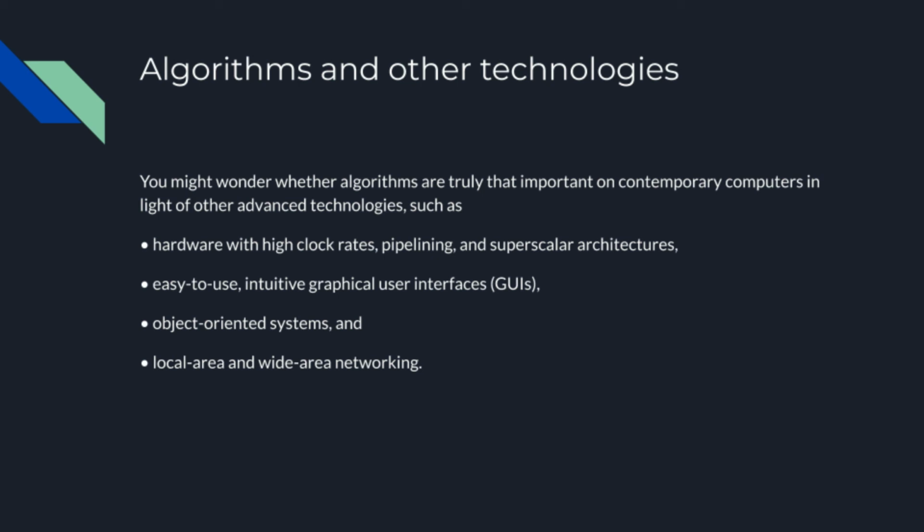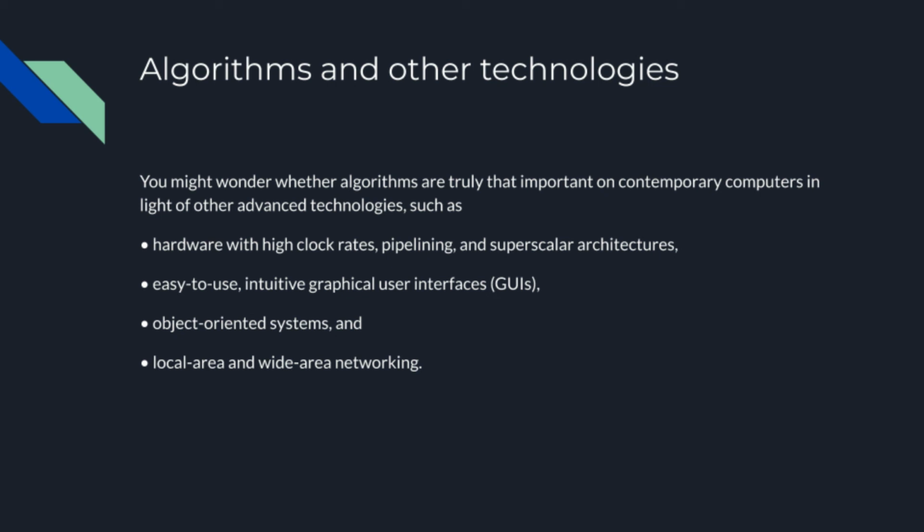The answer is yes. Although there are some applications that do not explicitly require algorithmic content at the application level, e.g., some simple web-based applications, most also require a degree of algorithmic content on their own. For example, consider a web-based service that determines how to travel from one location to another.